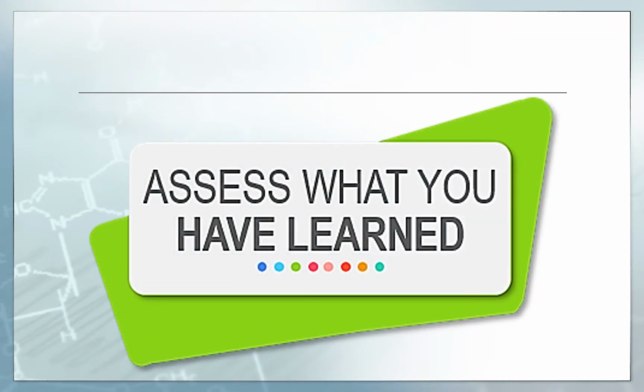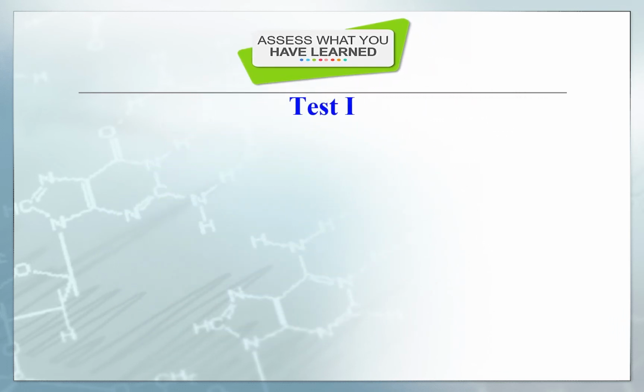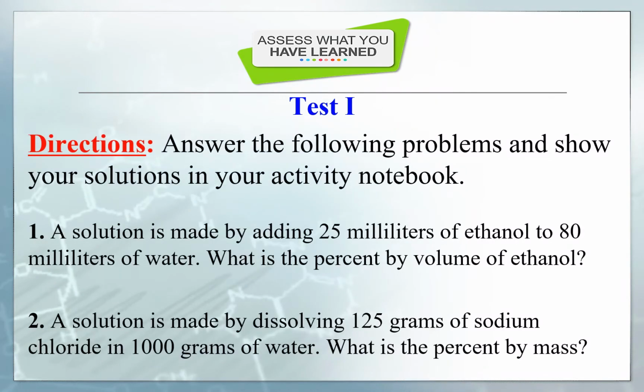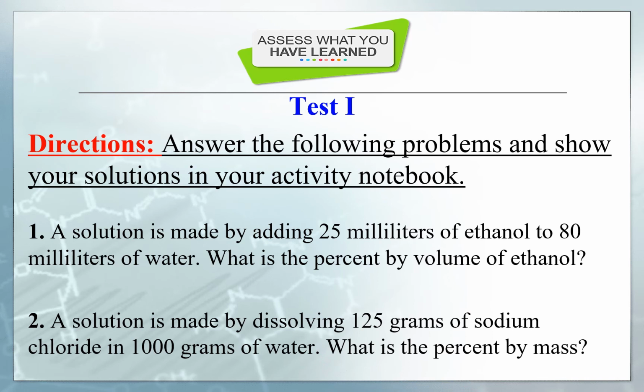This time, let us assess what you have learned about concentrations of solution. Get your notebook and pen and answer the next questions. Directions. Answer the following problems and show your solutions in your activity notebook.